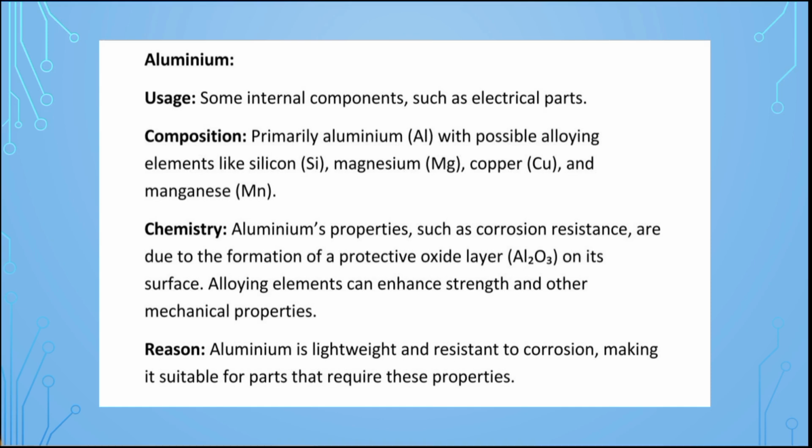The aluminium forms a protective oxide layer over the surface of these electrical parts, and the elements used in the alloys of aluminium also enhance the strength and other mechanical properties. Aluminium is lightweight and resistant to corrosion, so it is very suitable for electrical parts of a wind turbine.